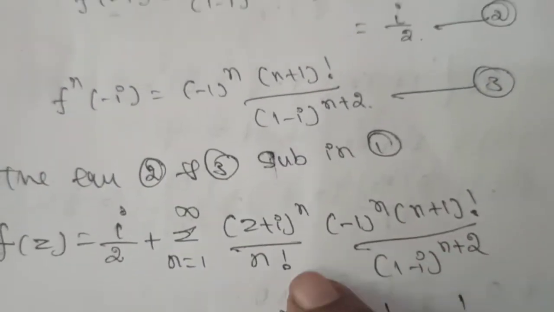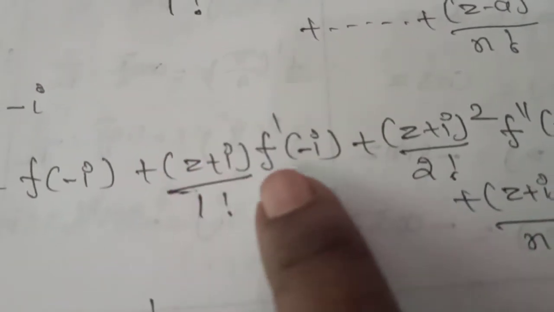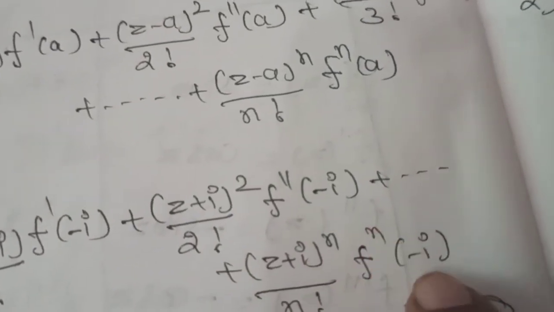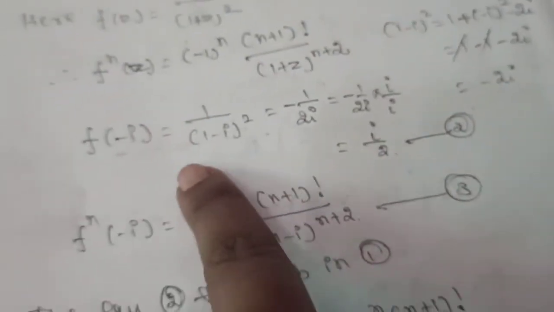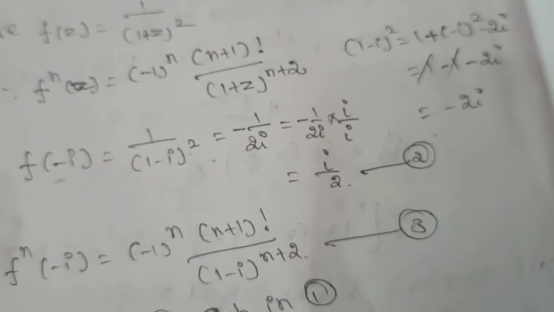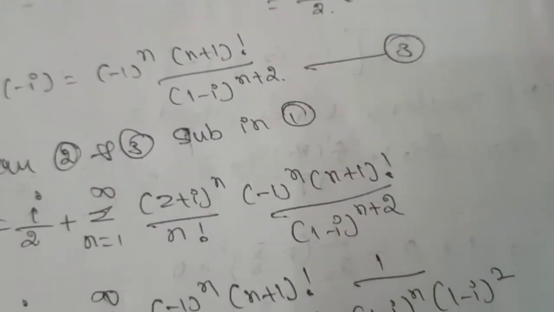So the sum of the values can be written as summation of n equal to 1 to infinity (z plus i) to the power n divided by n factorial into f^(n)(minus i), and we substitute this value: (minus 1) to the power n into (n plus 1) factorial divided by (1 minus i) to the power n plus 2.